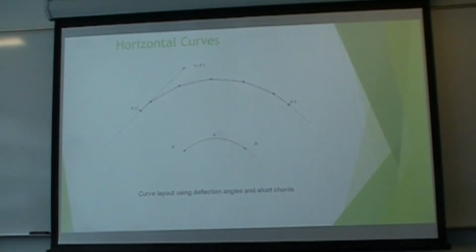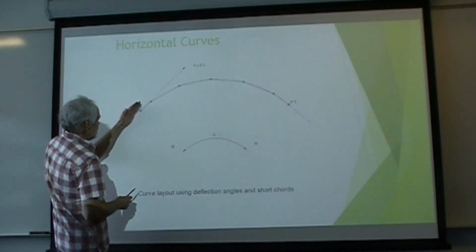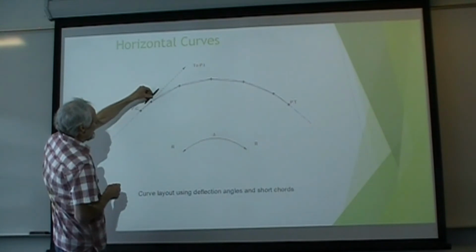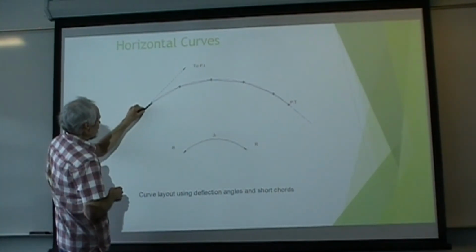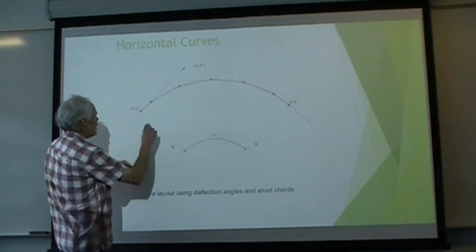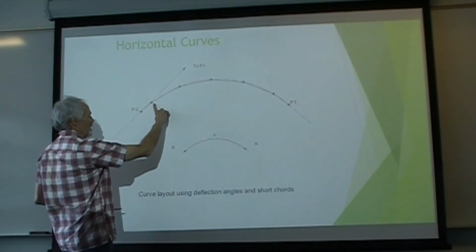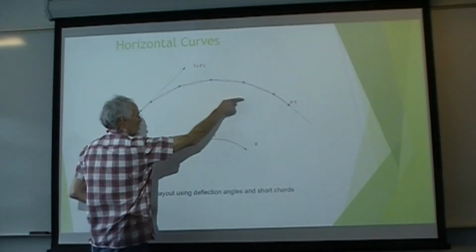This is deflection angle short chord method. So this is basically a bearing distance intersection. So what you're doing, your instrument's occupying the PC. Again, they're backsighting the PI. They're turning the deflection angle, you're going a distance. And then they're going to turn the next angle, and you're going to measure the distance from the preceding. So this is called your short chord. So we're laying out short chord, short chord, short chord.